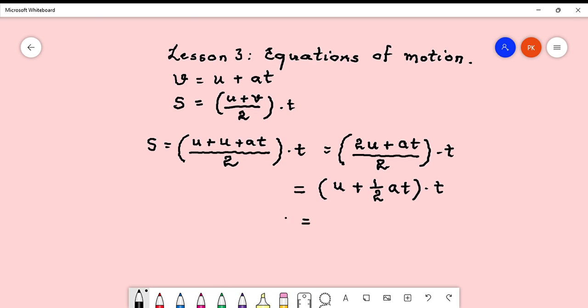S is equal to UT plus half AT square, which is the next equation of motion, and this will give the displacement in terms of the initial velocity, time and acceleration.